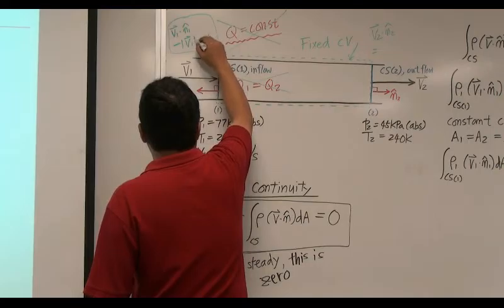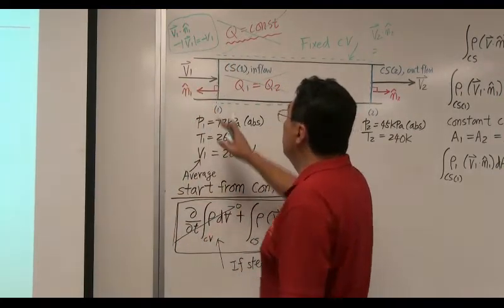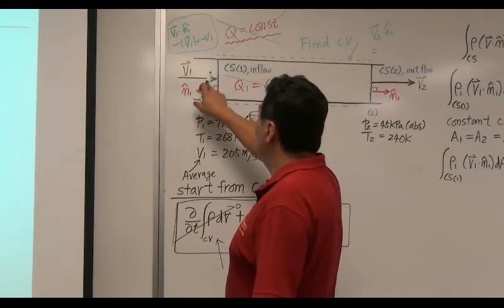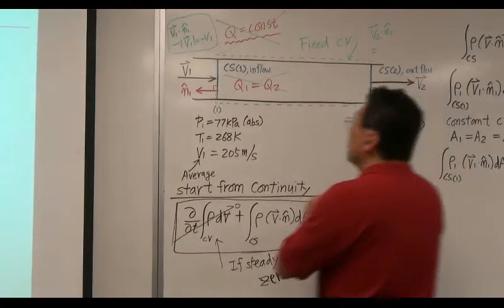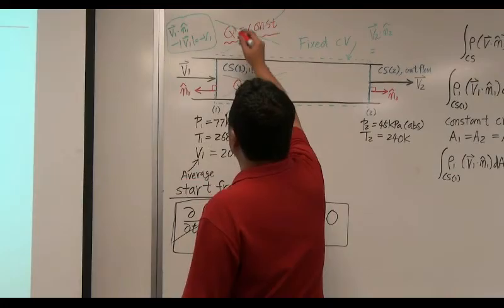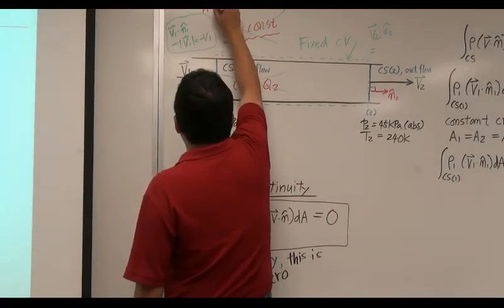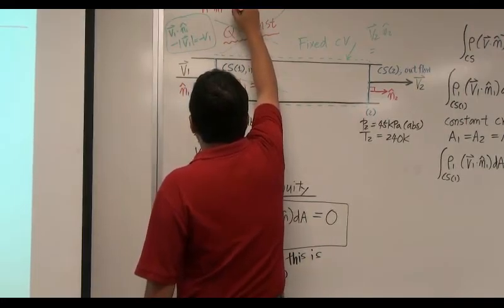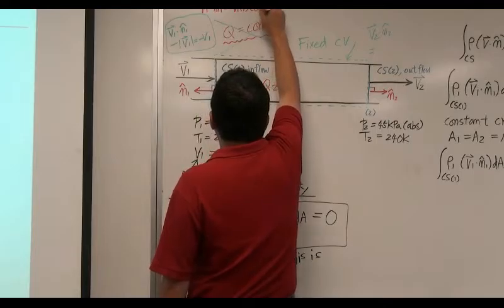This minus sign comes in because we are taking a dot product between two vectors with an angle of 180 degrees. So V1 dot n1 is equal to V1 times 1 times cosine theta.